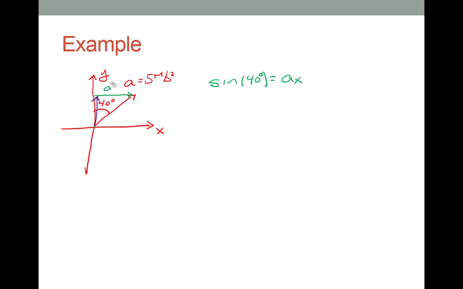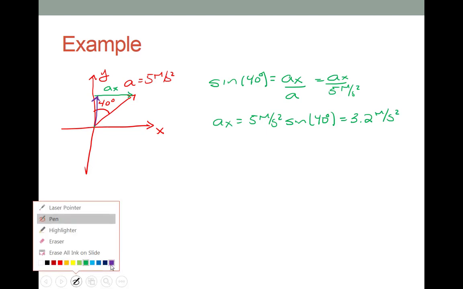I should have labeled these, so we'll define them now. Ax divided by a. So that's ax divided by 5 meters per second squared, or in other words, ax equals 5 meters per second squared times the sine of 40 degrees. And if I put that into my calculator, 5 times the sine of 40 is 3.2 meters per second squared.